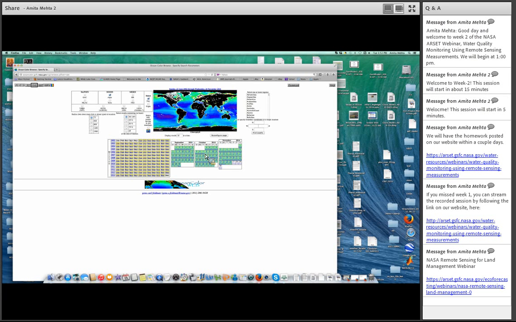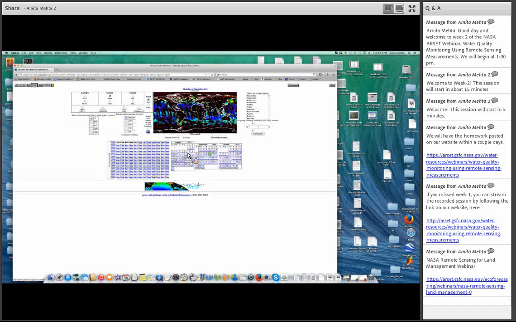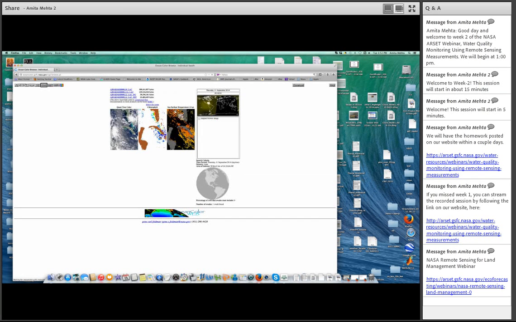So clicking on any day, this is the level 1 data now for Aqua MODIS, and this is September 2004, 11 September, and clicking on any region.